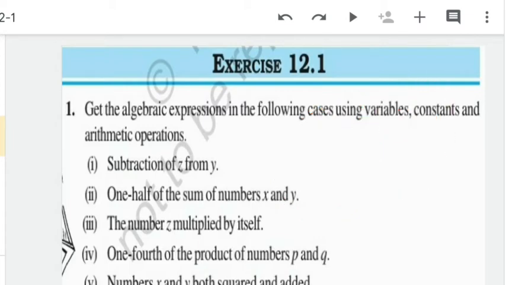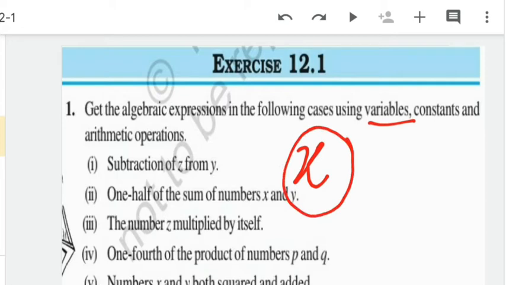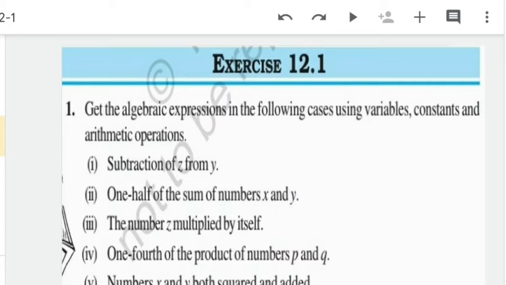Whereas in a variable, let's take x as a variable. We do not know the exact value of x. It could be 1, 2, minus 1, minus 2, minus 15 according to the expression we have given. So let's start finding out the expression for the following parts of question number 1.